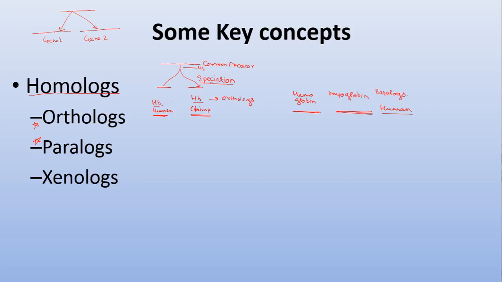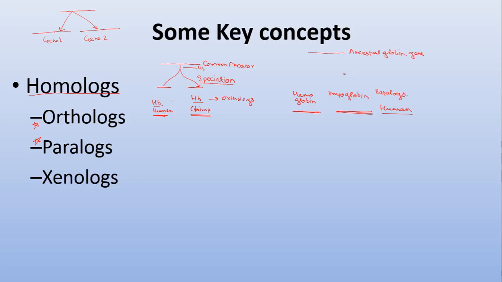Now we know that orthologs arise due to a speciation event, while paralogs are known to arise due to evolutionary events like gene duplication and gene mutation. Say, for example, a long time ago there used to be an ancestral gene for globin, the ancestral globin gene.